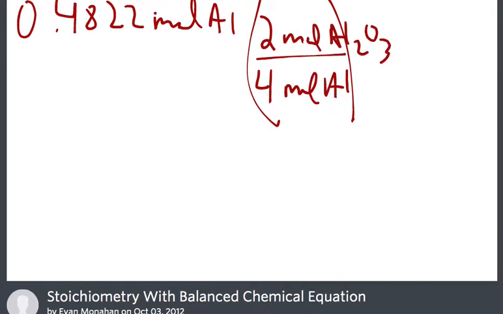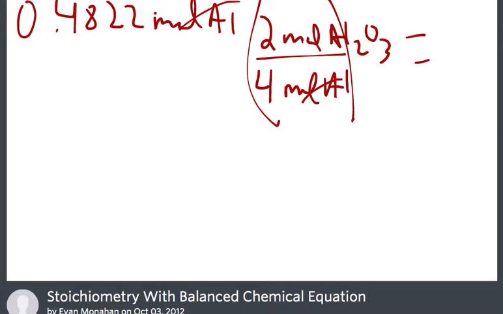I didn't make my bracket big enough there, but it doesn't matter. So basically what I'm going to do here is divide. My moles of aluminum are going to cancel, divide by 4, and multiply by 2, and that should give me moles of aluminum oxide, according to my balanced chemical equation.